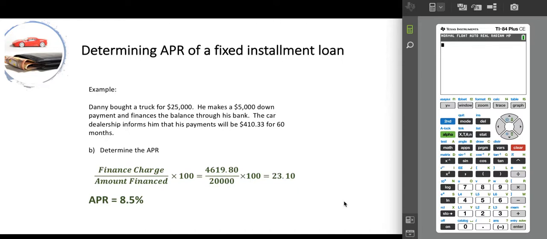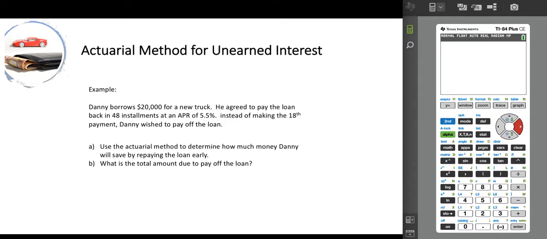All right, the next problem we have to do is, all right, we talked about Danny borrowing $20,000 for a new truck. He's agreeing to pay the loan back, this time in 48 installments at an APR of 5.5%. Okay, new problem, new scenario.